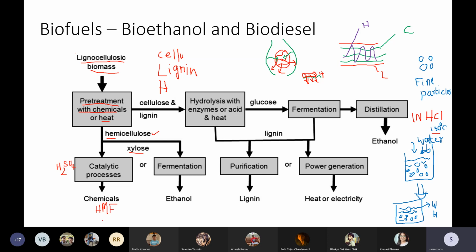We can also produce levulinic acid, LA, one type of chemical from this, with the help of this catalyst. Here H2SO4 acts as a catalyst after dissolving the sugars. You can produce these chemicals.